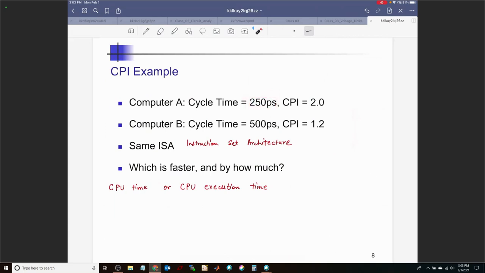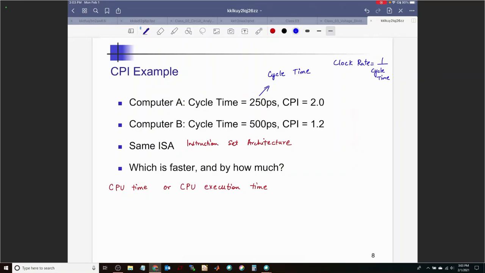Cycle time. So I have this guy as cycle time. And using that, I can also find clock rate if you wanted. Clock rate is 1 over cycle time. We can avoid calculating clock rate for this example.